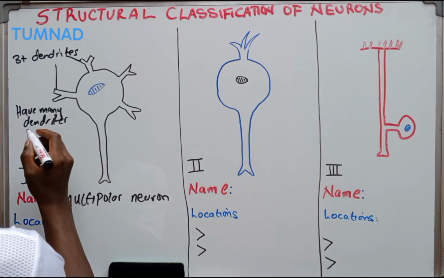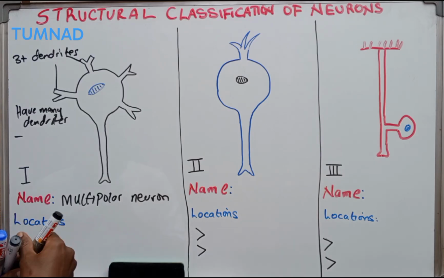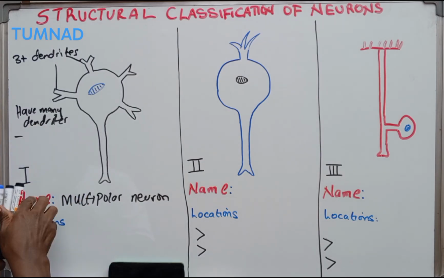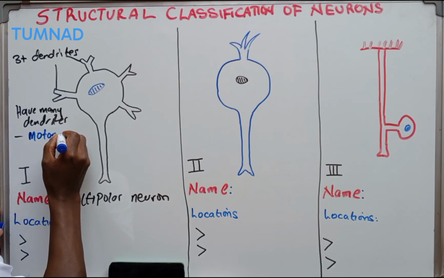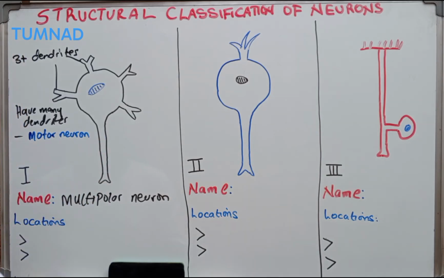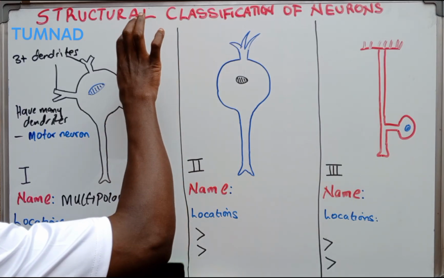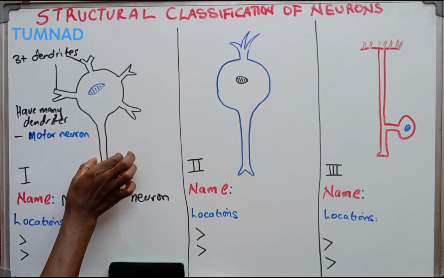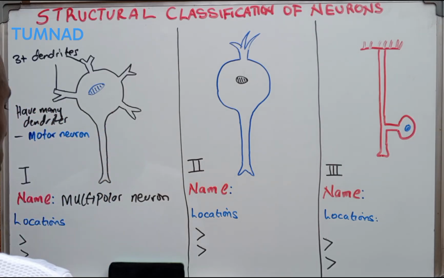One classic example of the multipolar neuron is the motor neuron. So the moment you see a neuron having multiple dendrites and one axon, that is the typical characteristic of a multipolar neuron.